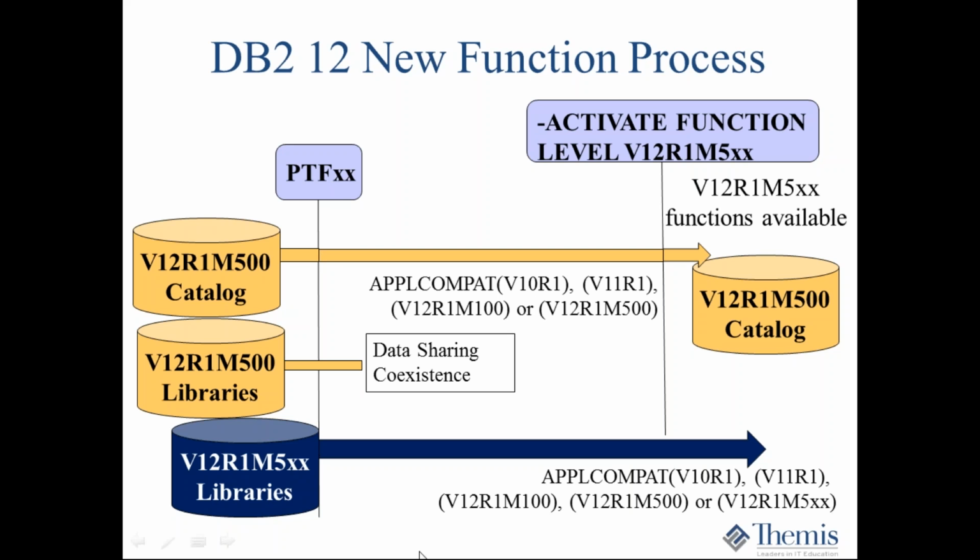Data sharing, we're in coexistence, okay, on the code level. This set of new functions and features does not require a catalog maintenance. All right? So my catalog is still at 500.